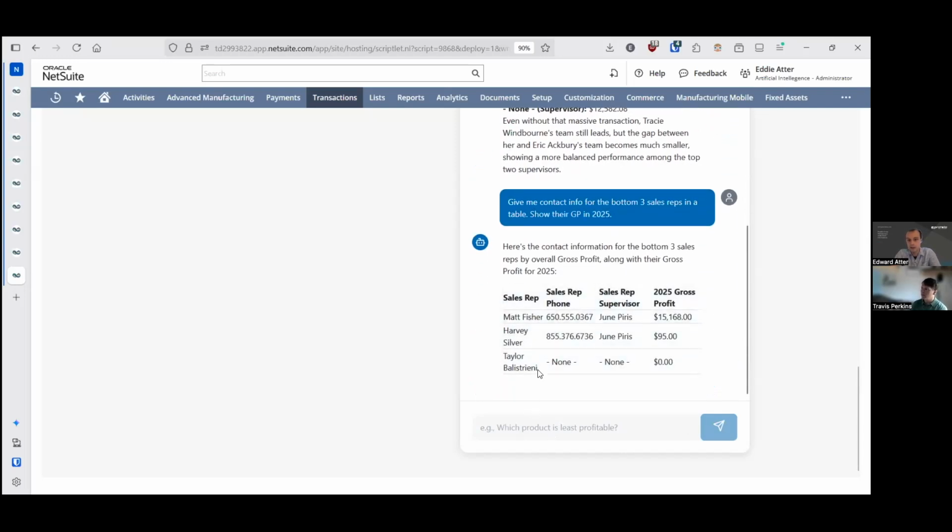And so now I can see their phone numbers, who their supervisor is, and then I can figure out here's their gross profit, right, for 2025 specifically, because we're already 7 months in. So let's focus on the present, not necessarily the past, right, if we're going to reach out and correct something.